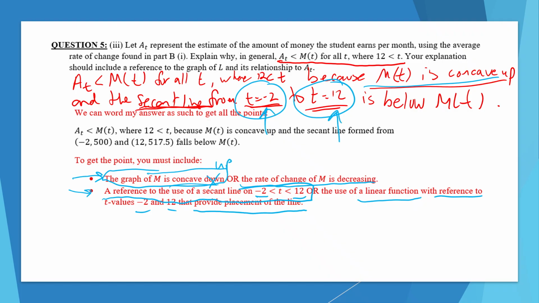If you don't have the correct endpoints, you don't have the word secant line, you don't talk about the concavity of M, and you don't have it flow together in a sentence, it will be marked as wrong on your semester summative exam. That's why this question is so hard. Only 1% of students got this question right last year. So that is how you would answer question number 5.